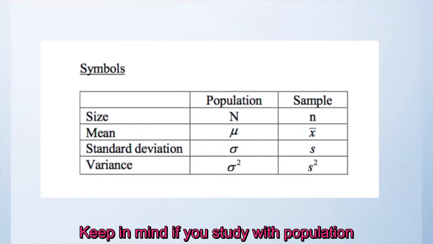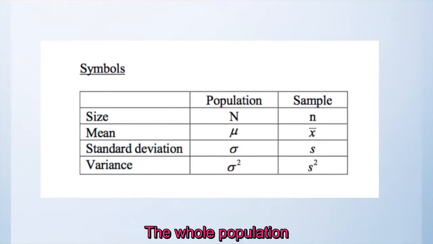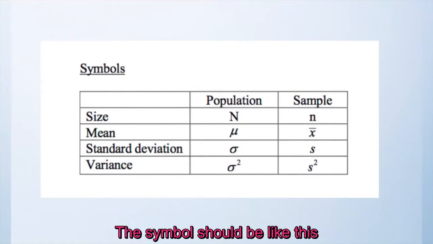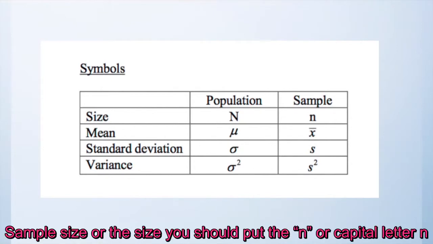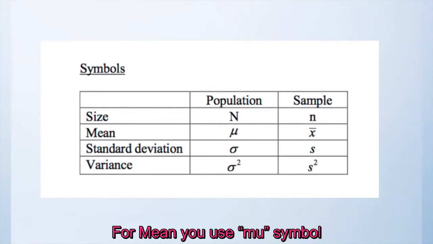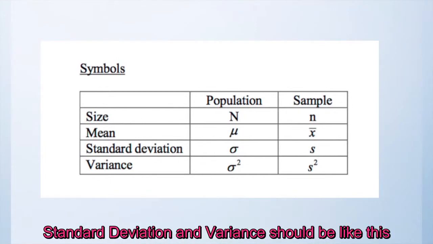Keep in mind, if you study the whole population, the symbols should be like this. For the size you should put big N, or capital letter N. For mean, you use the mu symbol.